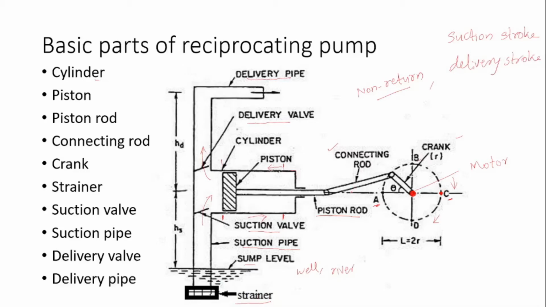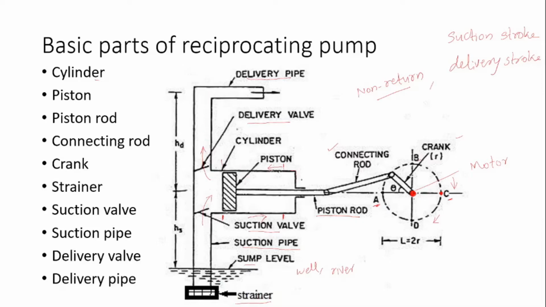During the delivery stroke, the pressure inside the cylinder increases, and due to this high pressure, the delivery valve opens. The liquid cannot flow into the suction pipe because the suction valve is closed. So through this opened delivery valve, liquid will flow into the delivery pipe.